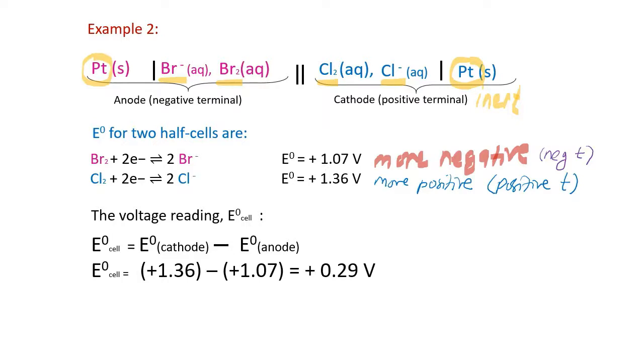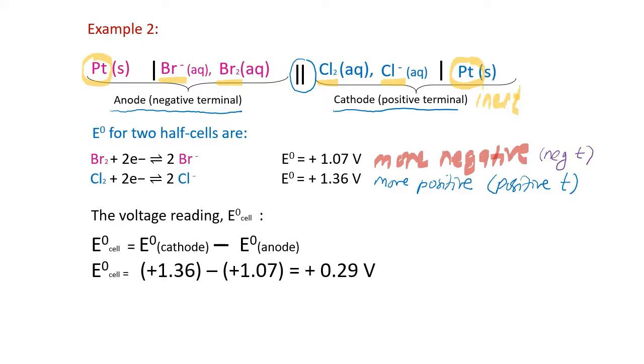Remember, the left hand side is for the anode or negative terminal. The right hand side is the cathode or positive terminal. These two substances are separated by a salt bridge or porous pot.